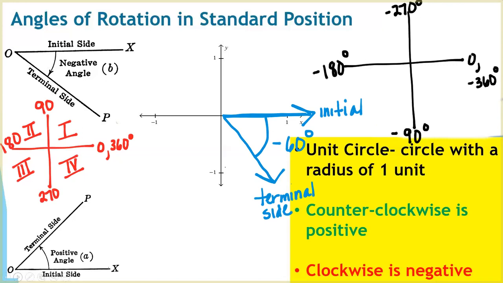All right, go ahead on your own paper and sketch a negative 100-degree angle.